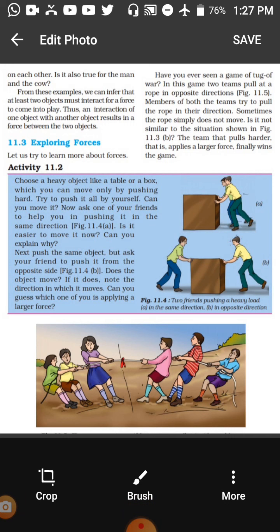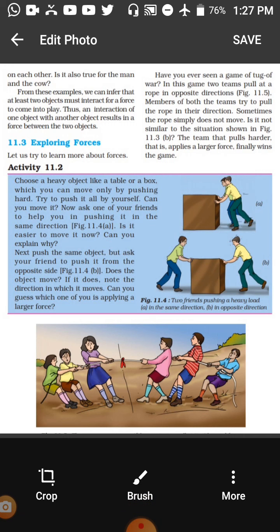So this explains that the movement which takes place in a body depends on the direction of applying the force. If a force is applied in one direction, the body moves in the same direction.